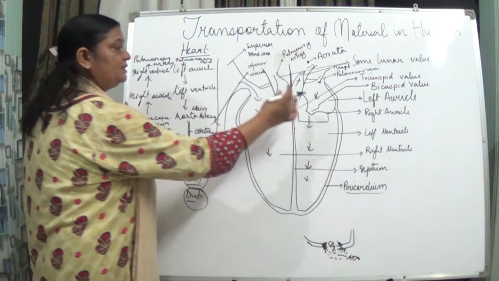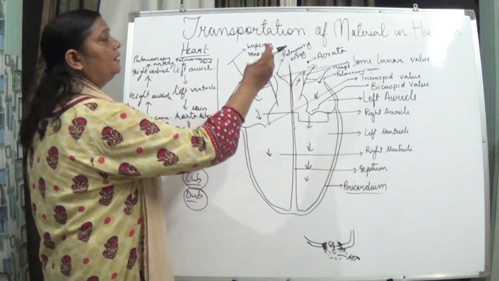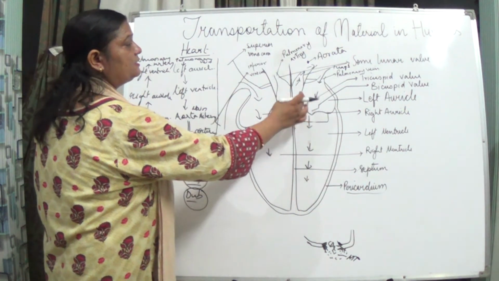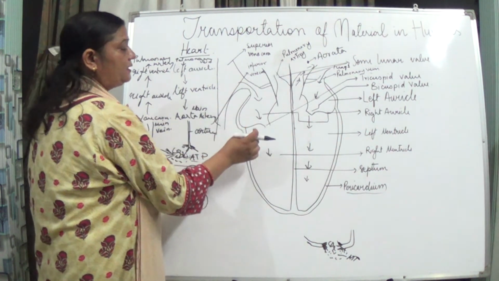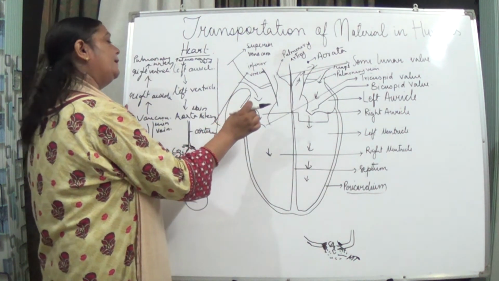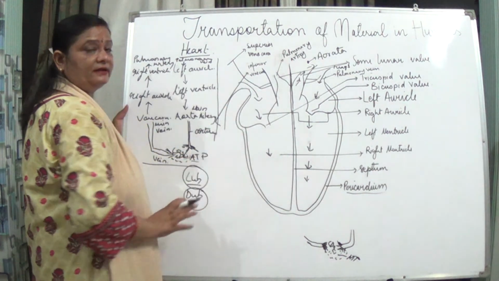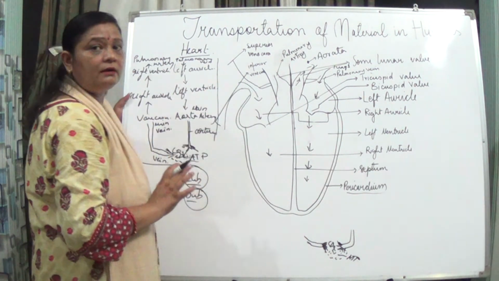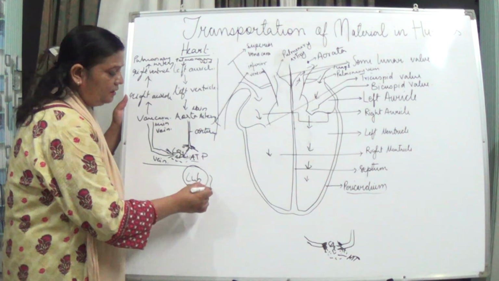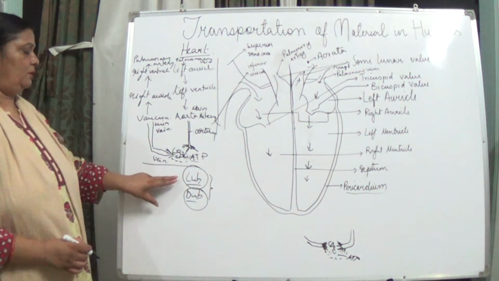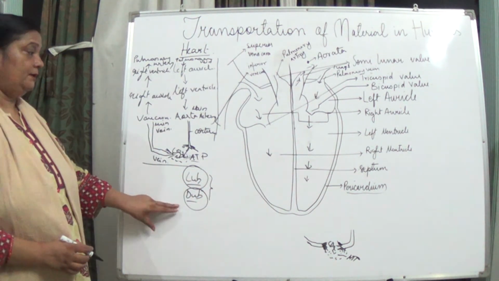This happens not only on the left side with the bicuspid and semilunar valves, but also on the right-hand side with the tricuspid and semilunar valves, producing the lub and dub sounds.